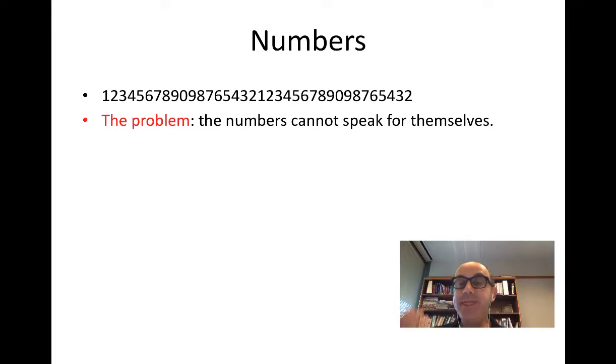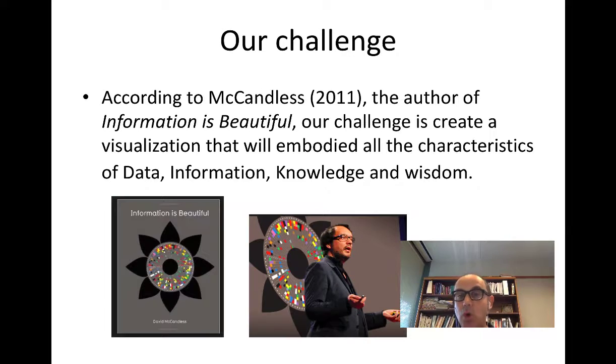The issue with numbers as raw data is that numbers cannot speak for themselves, so that's why we use statistics and mathematics in order to give them interpretation. Another form of giving numbers interpretation is the visual. So what is the challenge?